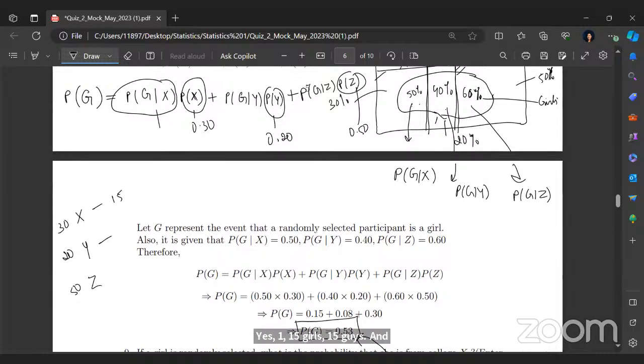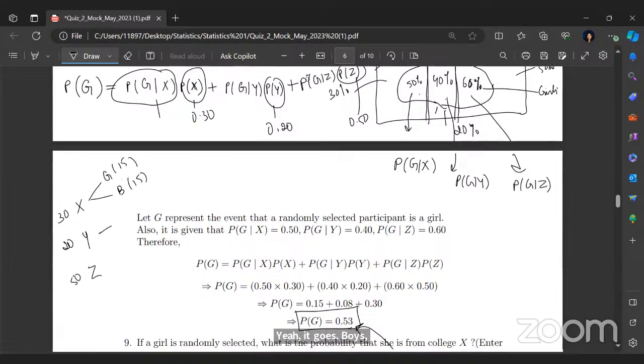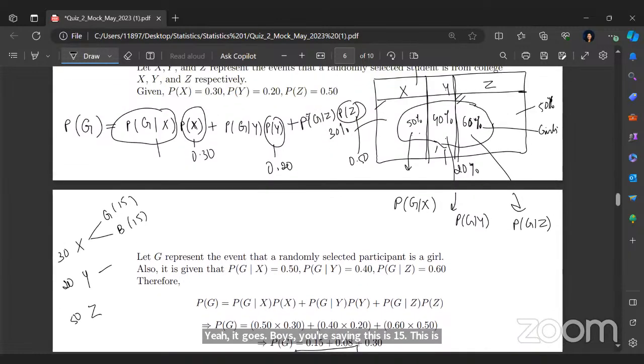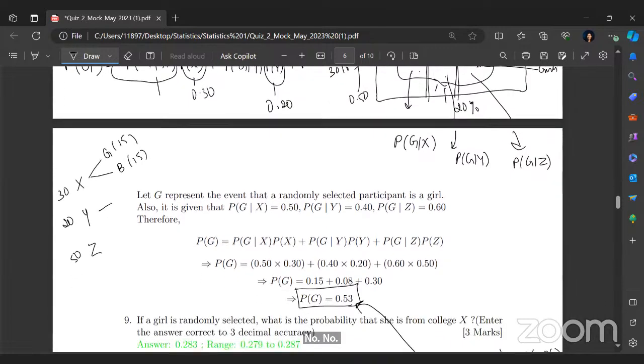And this was 40% of 20. So it's 8. This is 8, right? Yes, ma'am. So 8 girls from college Y and 12 boys.